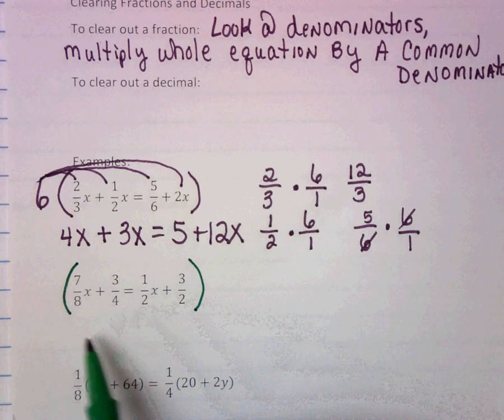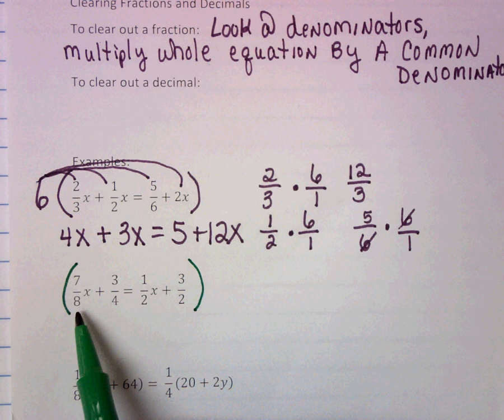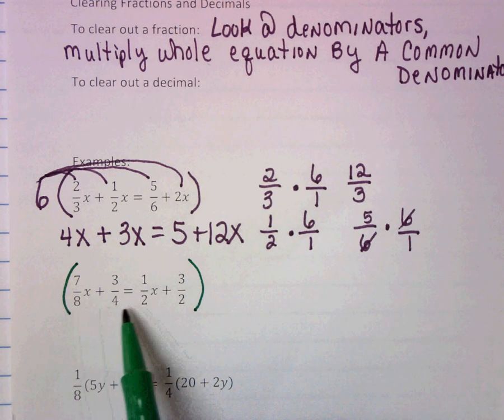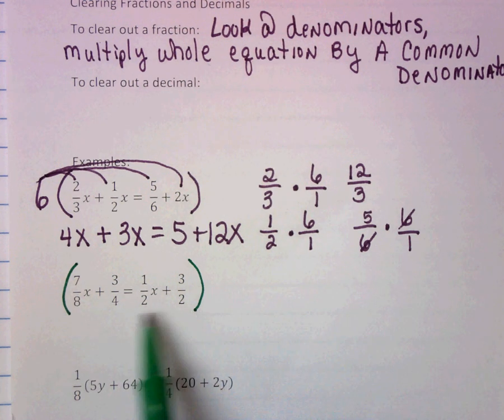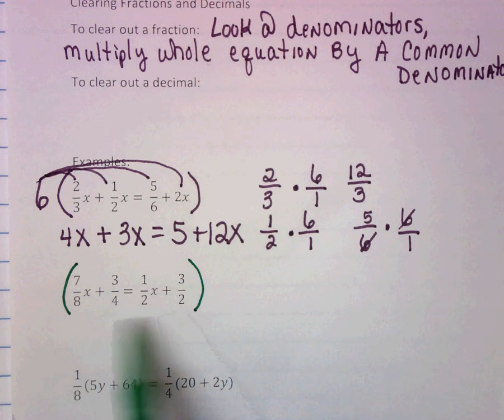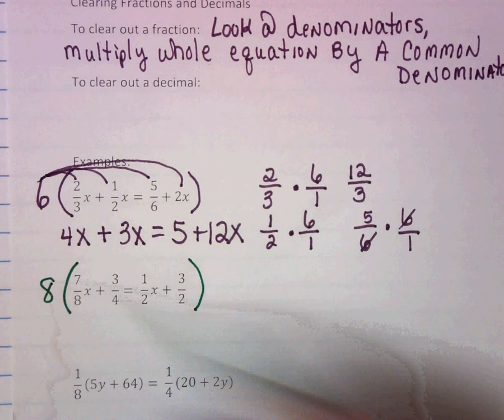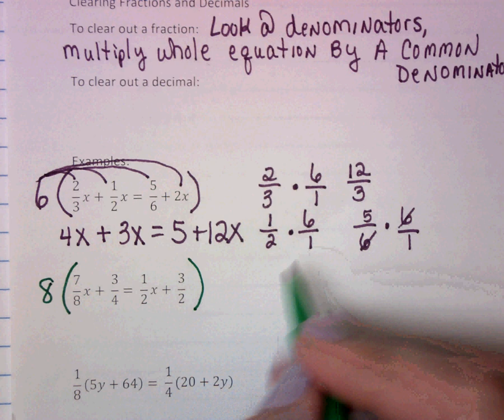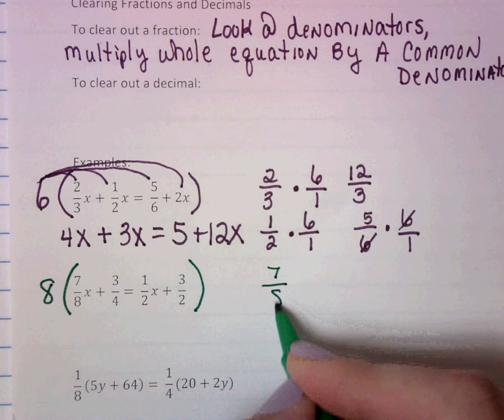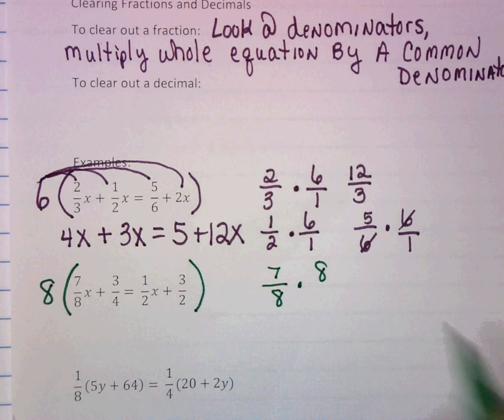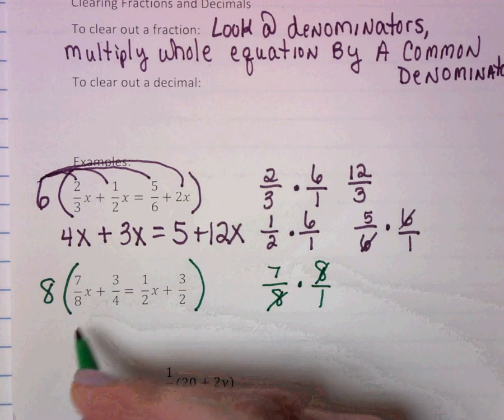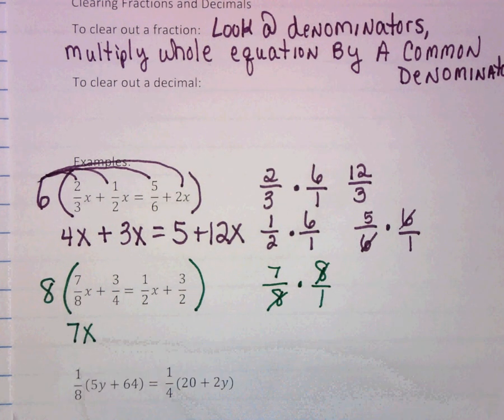Look at all of your denominators, 8, 4, and 2. A common multiple or a common denominator would be 8. And so now I'm going to multiply every term by 8. So that gives me 7x.